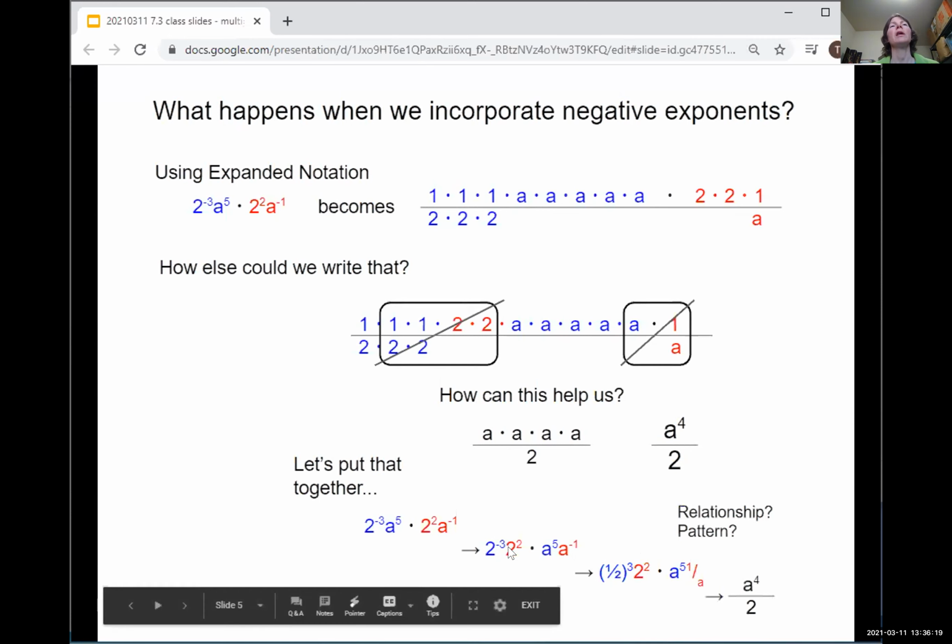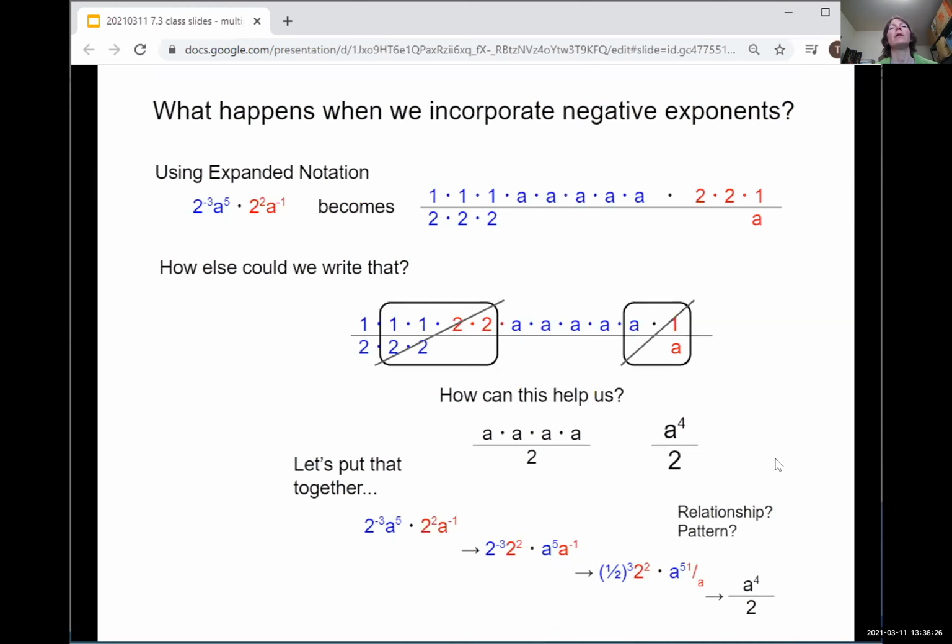So thinking about what you're seeing here and thinking about what we saw on the last slide, is there a pattern that maybe you guys are seeing or a relationship anybody is noticing? I don't know if this is exactly a pattern, but wait, I thought I realized something, but it doesn't work.